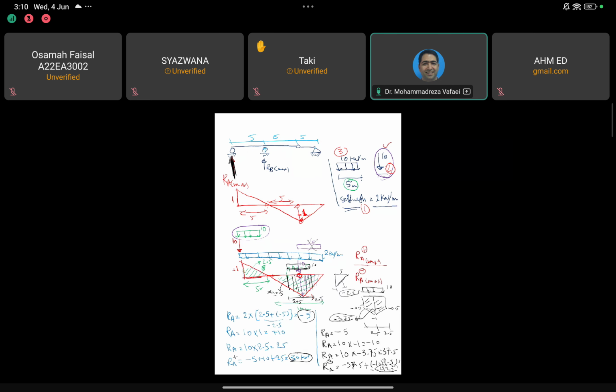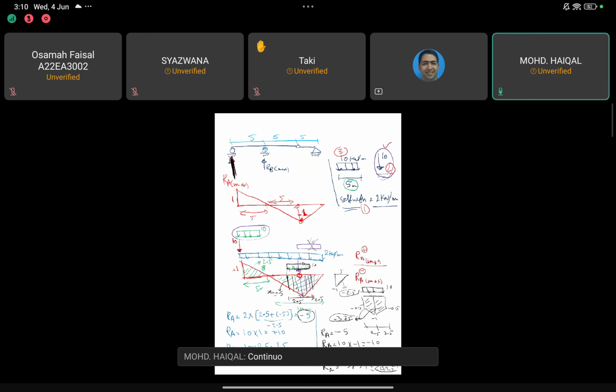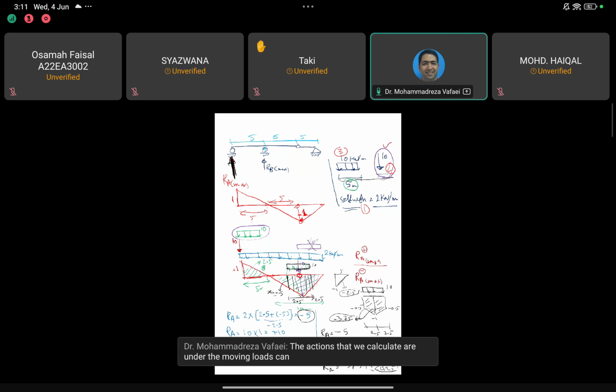Doctor, can you explain again why we need a positive and negative RA? Okay. In some cases, the reactions that we calculate under the moving load can have a positive value or a negative value. Just consider the previous case that we had, RB. We said RB's influence line looks like this. So we have one here and two here.